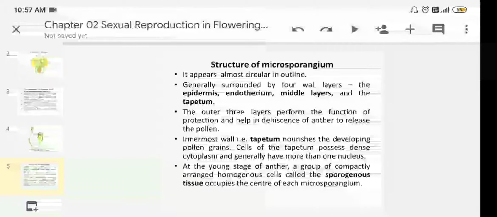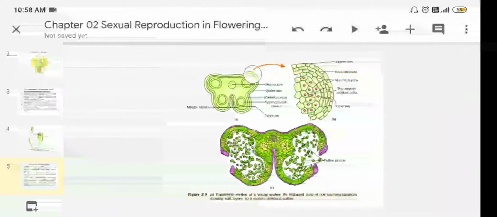At the young stage of the anther, a group of compactly arranged homogeneous cells called the sporogenous tissue or sporogenous mass occupies the center of each microsporangium.